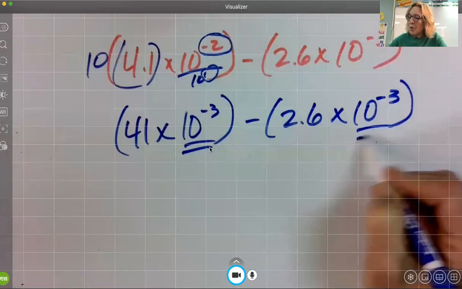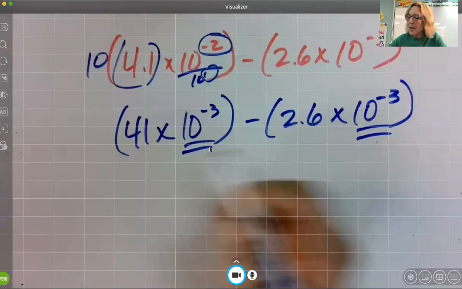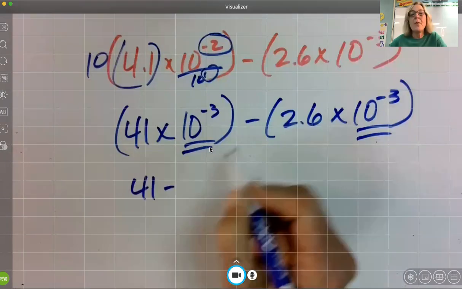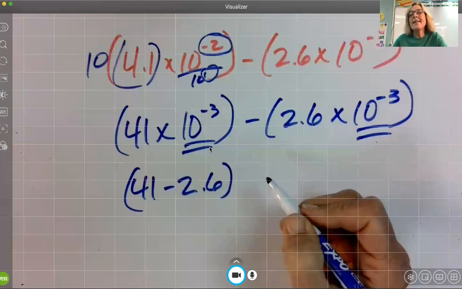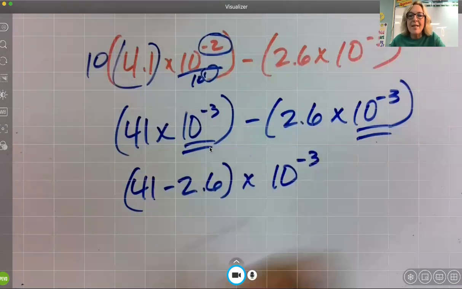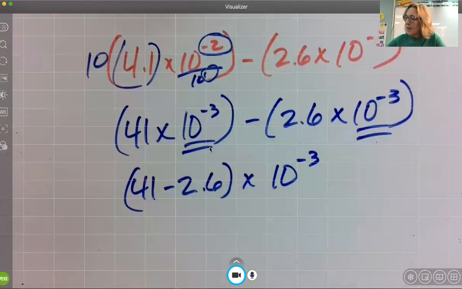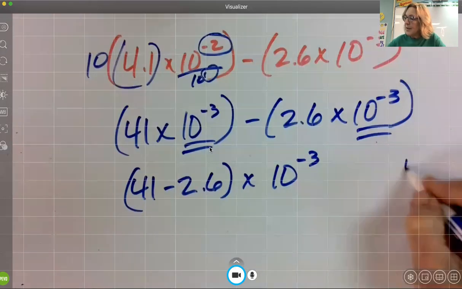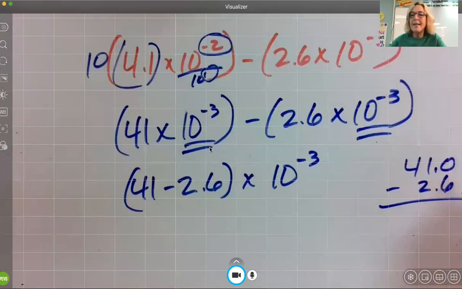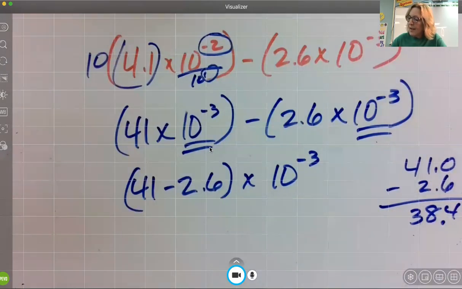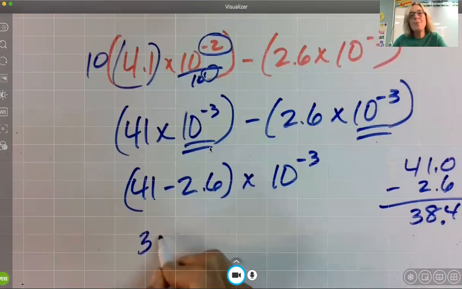So we're just going to go ahead and apply the subtraction to the coefficients. And we're still going to be multiplying it times that same common power of 10. So now I'm going to go over here and do the subtraction, knowing I got to keep everything lined up nicely by place, 38 4/10. So 38 4/10 times 10 to the negative third power.